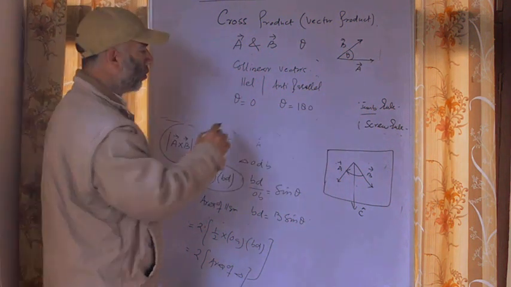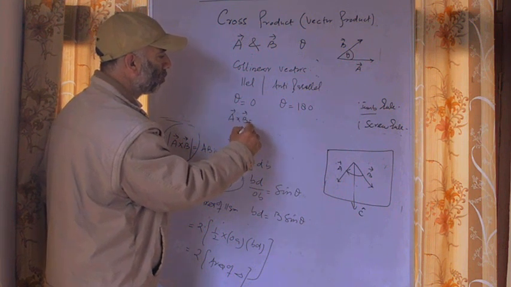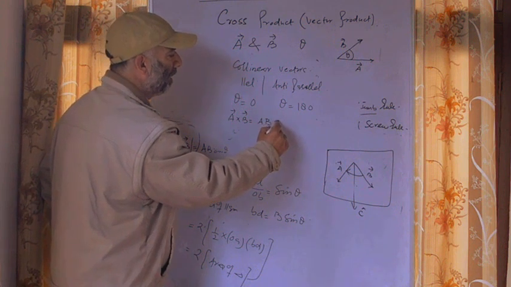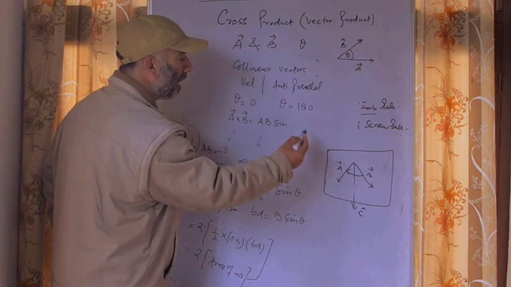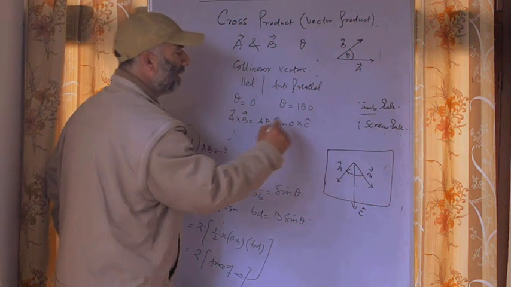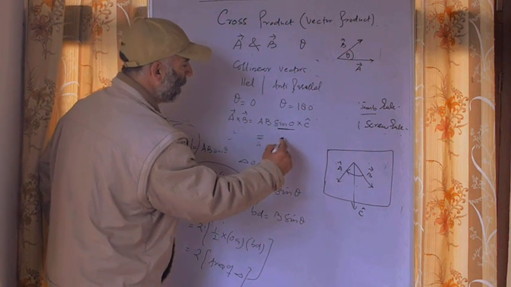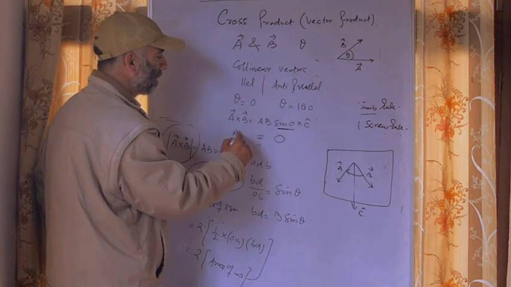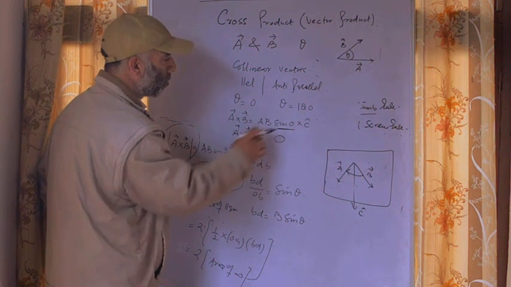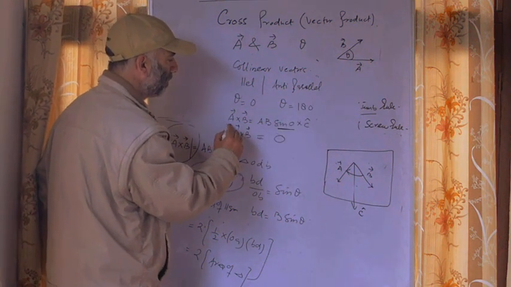So A cross B is equal to product of magnitude of the two vectors AB into sine of 0 into unit vector C. Since sine of 0 is 0, remember always cross product of two collinear vectors, whether they are parallel or anti-parallel 180, is always equal to 0.